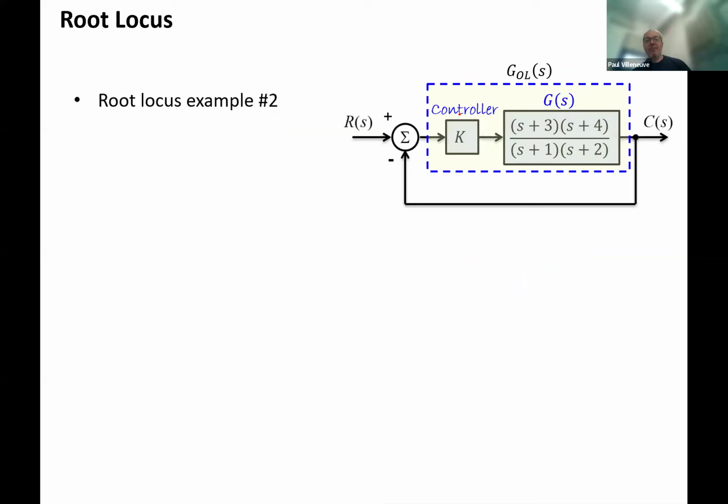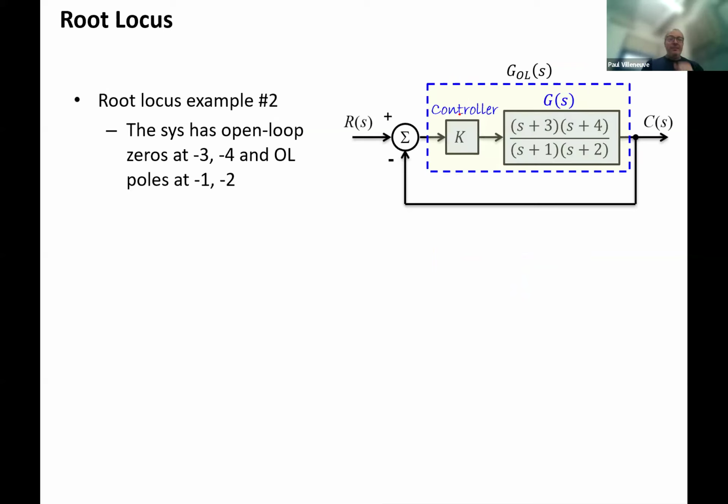All right, let's take another example here. And we see that we have open loop, so G times H, because H is in fact equal to 1. G times H is just going to be (S plus 3) times (S plus 4), all over (S plus 1) times (S plus 2). And we can see that we have a zero at -3, a zero at -4, and then a pole at -1, and a pole at -2, right?